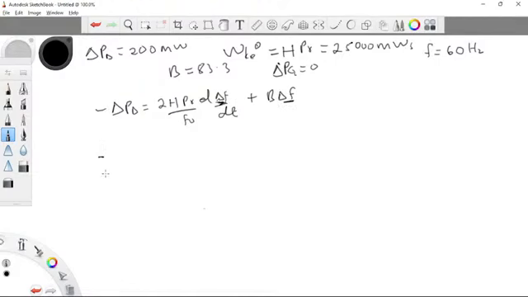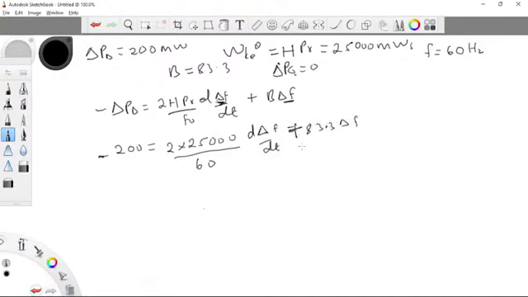So let's see. We have negative 200 equals 2 times 25,000 all over F naught, which was given as 60, d delta F dt. B is 83.3 delta F.